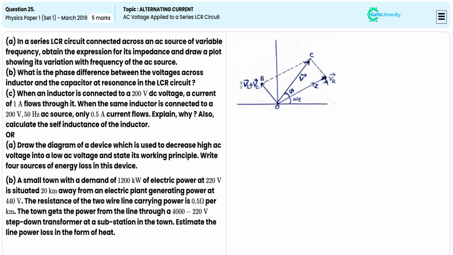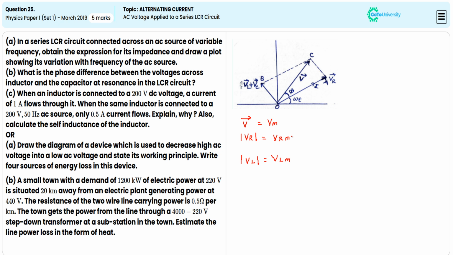Then if you draw a closed circle enclosing this, we get the vector V equal to Vm, the mod of Vr equal to Vrm, and the mod of Vl equal to Vlm.